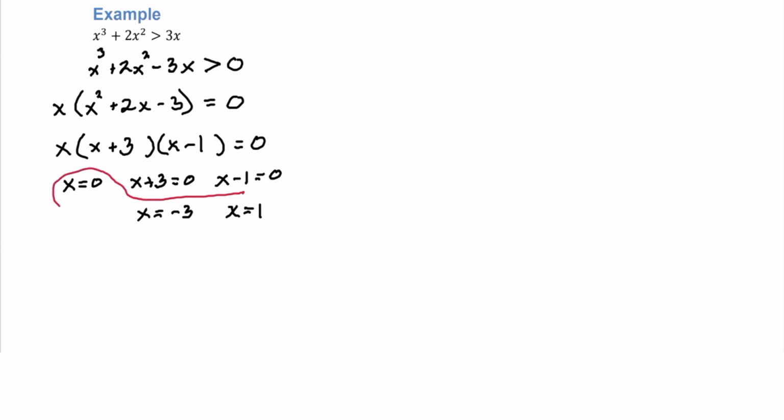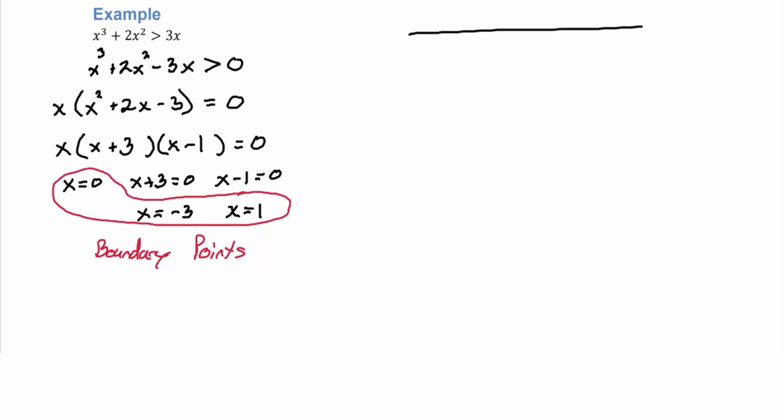These values, these zeros, or x-intercepts, we will call boundary points. And we put those on a number line. -3, 0, and 1. Make sure you put them in chronological order.